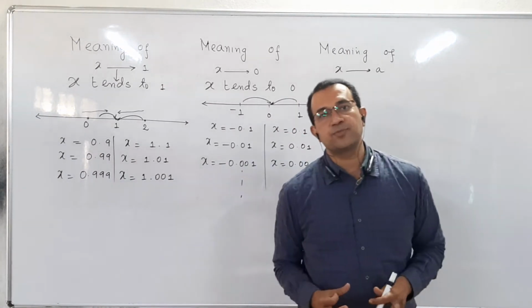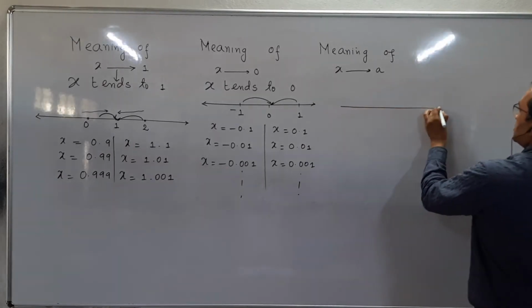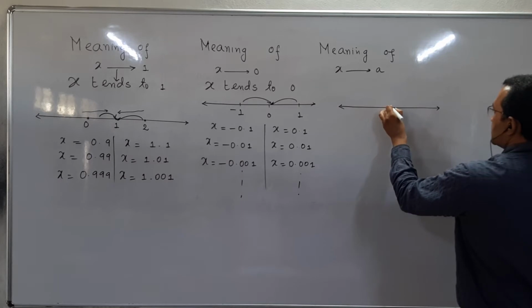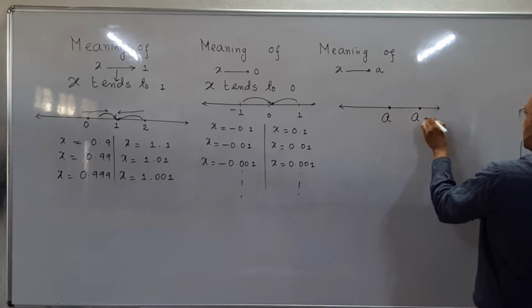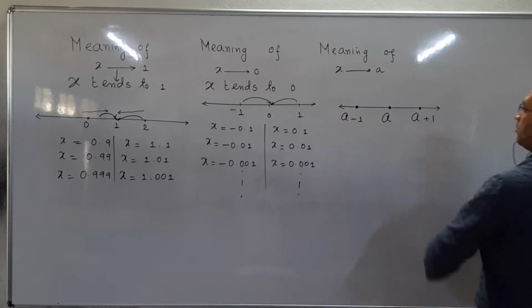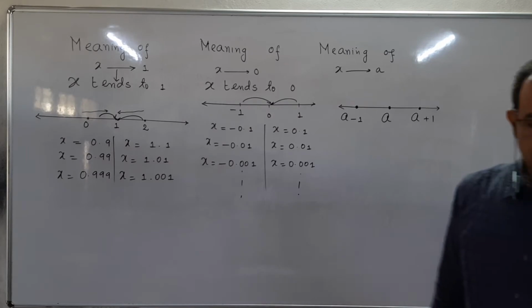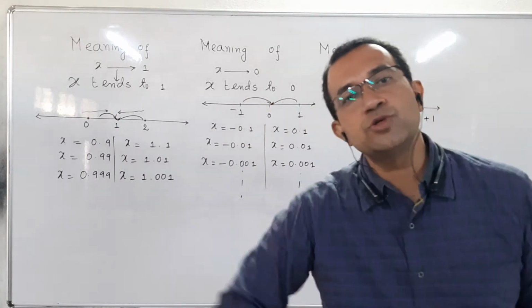Now, a generalized approach for x tends to a. Say, this is the number line. Say, this number is a. Say, this number is a plus 1. Say, this number is a minus 1. Now, students, we can come towards a from two sides.